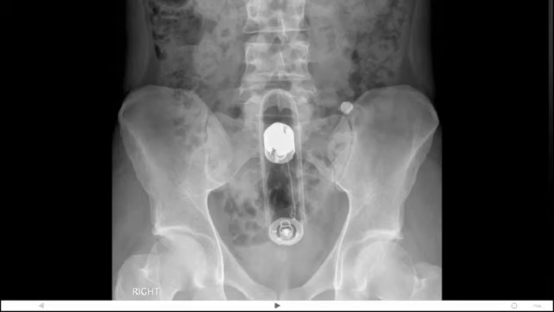And superiorly to that, we can see mottling consistent with fecal impaction, suggesting some degree of obstruction. However, we can also see the presence of gas within the rectum, suggesting that this obstruction is not absolute.